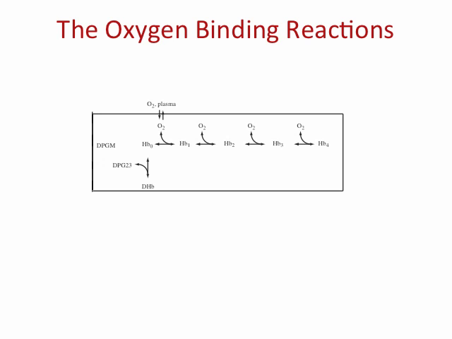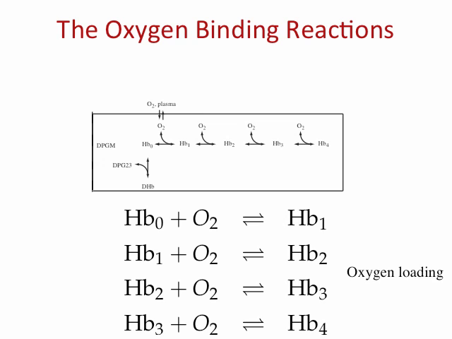In this diagram, it is designated as DPG-23, synonyms. The hemoglobin molecule has 4 binding sites for oxygen, and the 4 chemical binding equations shown at the bottom of this slide show the sequential loading of hemoglobin with oxygen.